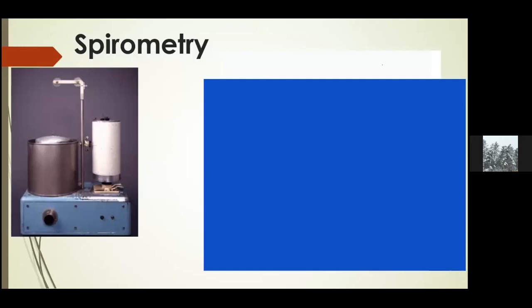So it is not very clear on this picture, but there is a string that is passing from this container here, and it's going up to the pulley, and then from there it goes this way, and from there it goes down, and it is held at this point.